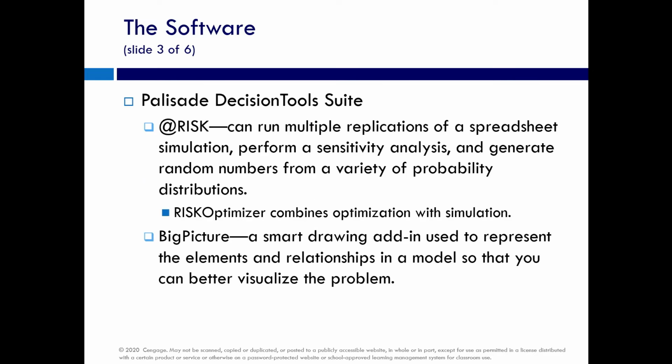Palisade's DecisionTools Suite includes @RISK, which can run multiple replications of the spreadsheet simultaneously, perform a sensitivity analysis, and generate random numbers from various probability distributions. RISKOptimizer combines optimization and simulation. BigPicture, a smart drawings add-in, is used to represent the elements and relationships in the model so that you can better visualize the problem.